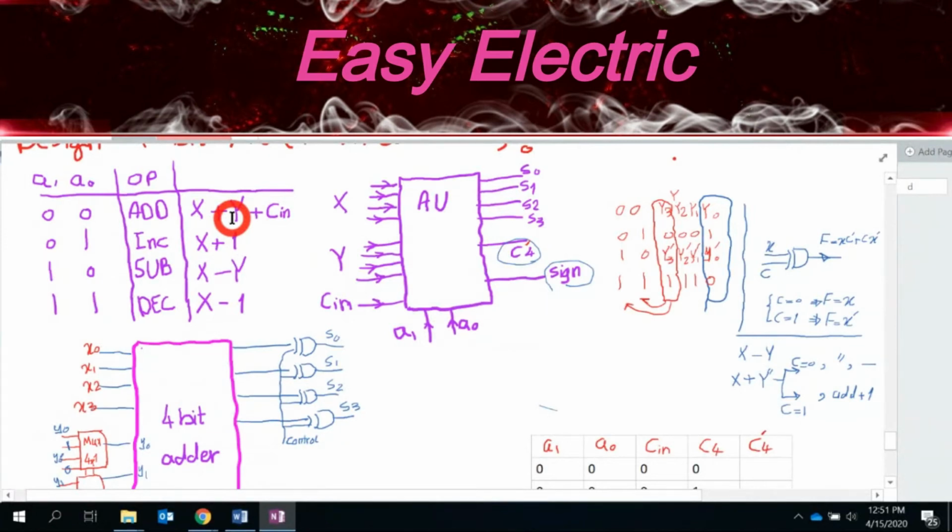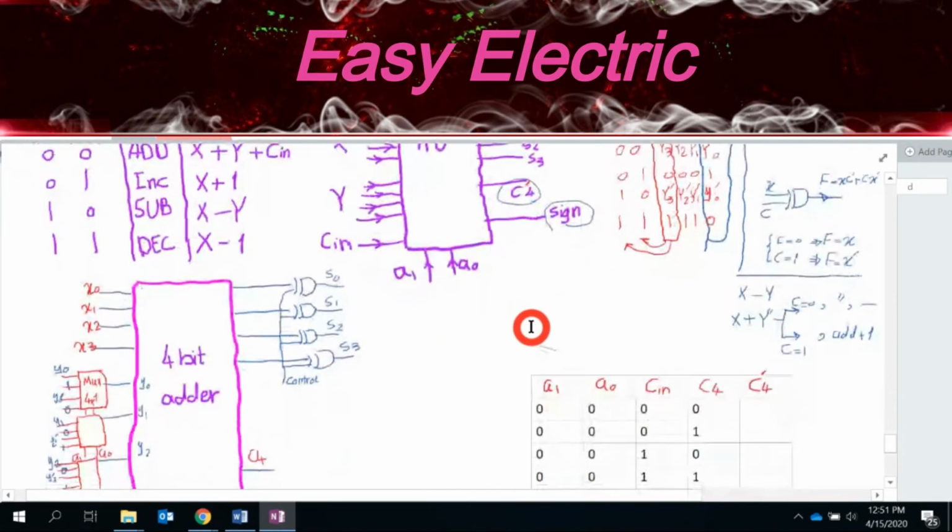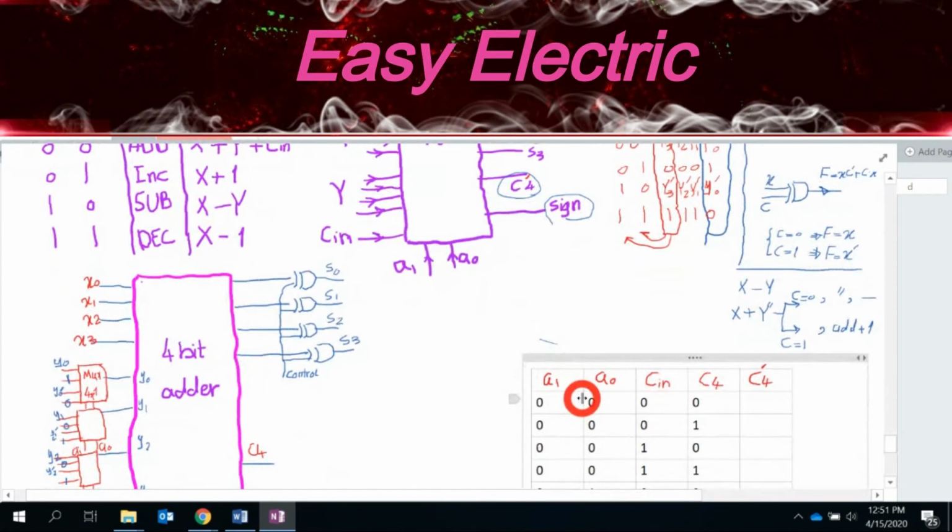So what should it be? Should it be C in or not? So what we want to design here is not actually C.